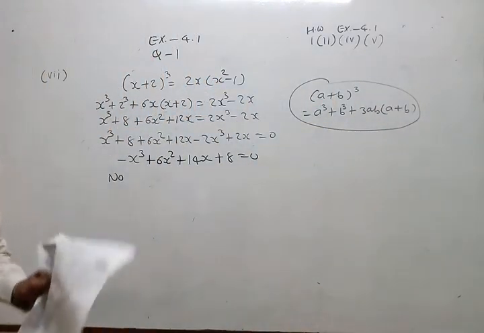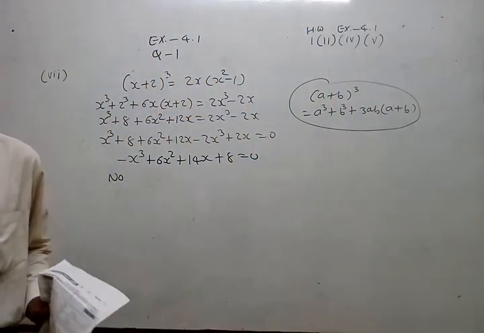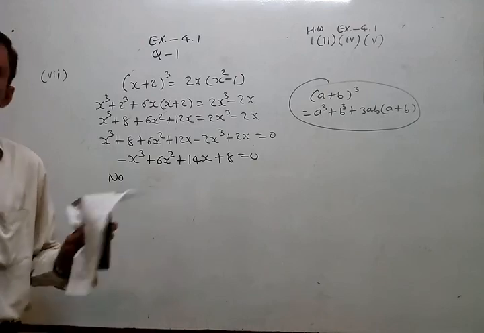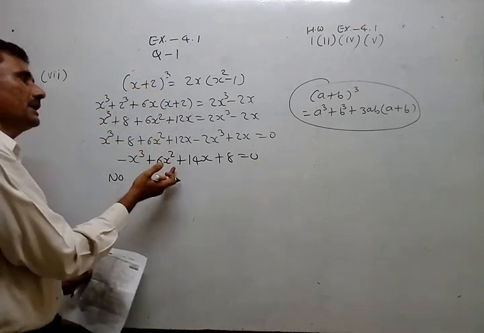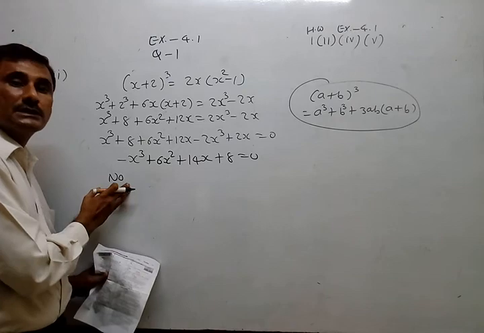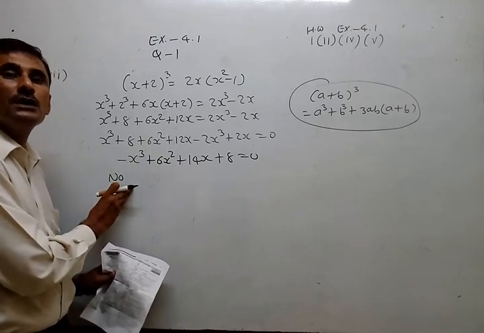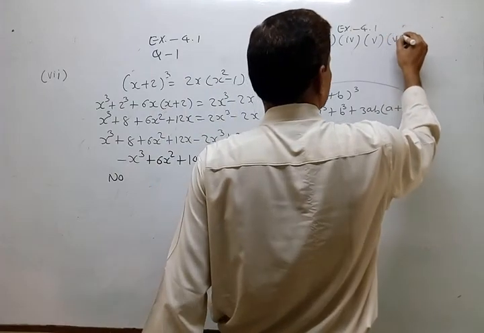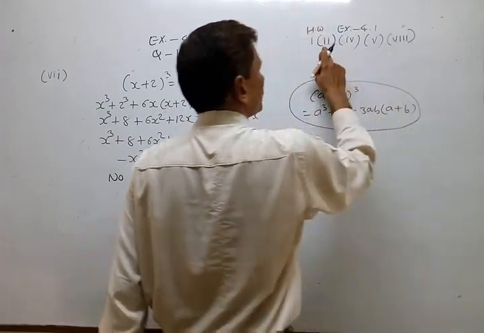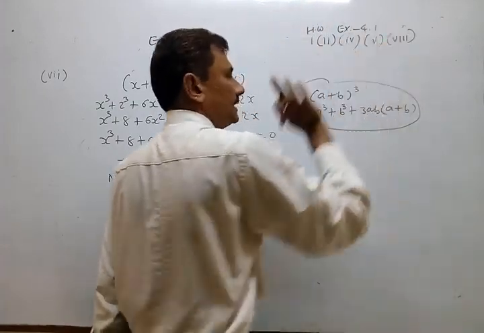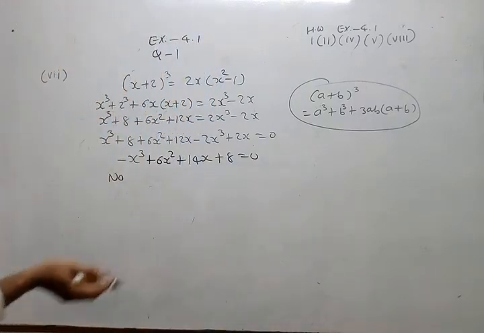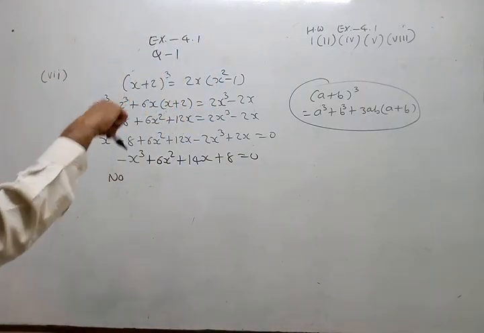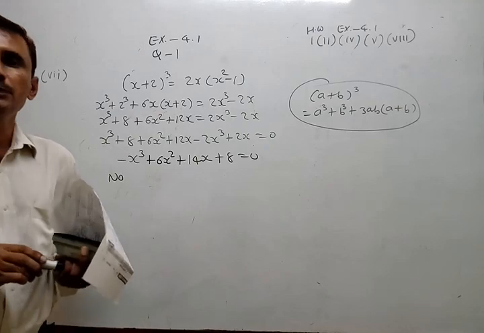So whole square, whole cube, all identities you should have. How to expand? Then only you can simplify it and get the answer whether it is a quadratic equation or not. Okay. Number 8 homework. So second, fourth, fifth and 8 are homework. So all remaining sums are homework from exercise 4.1, main question number 1.